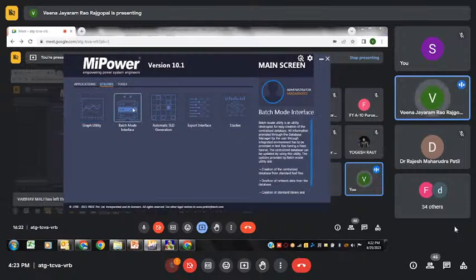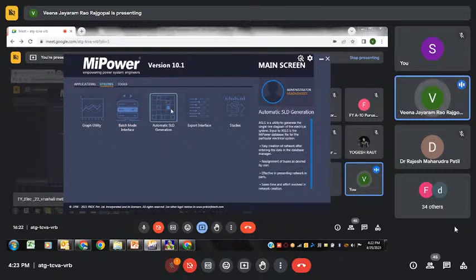This batch mode interface is basically to import the data from third-party software. Then you have the automatic single line diagram generation. For the networks you have seen, like the single line diagram, the user can draw it, or you can directly create it. It's so flexible. Even if you don't want to draw the single line diagram but still need to do the analysis, that is possible.